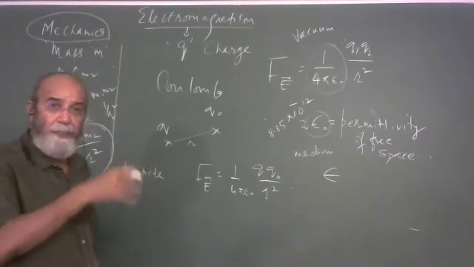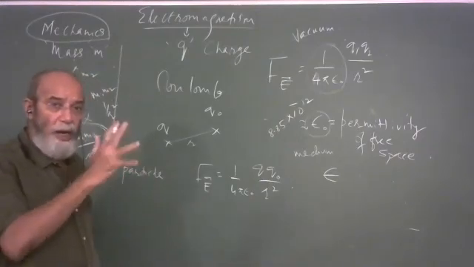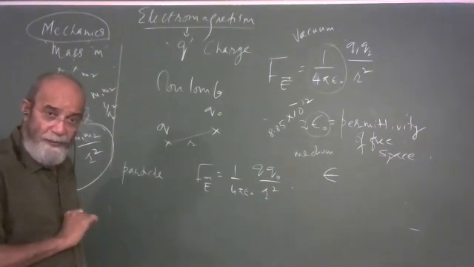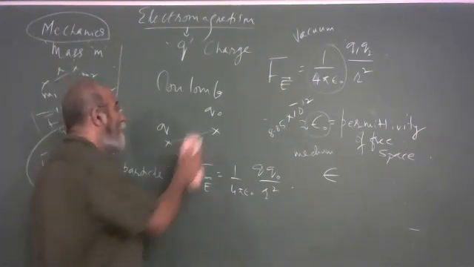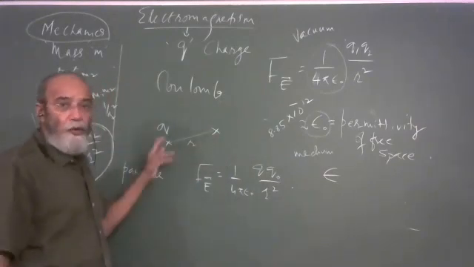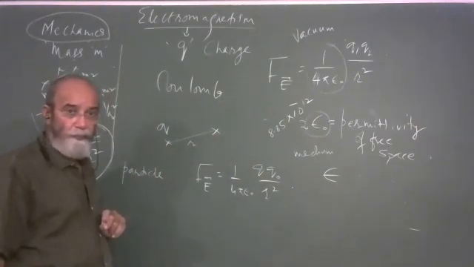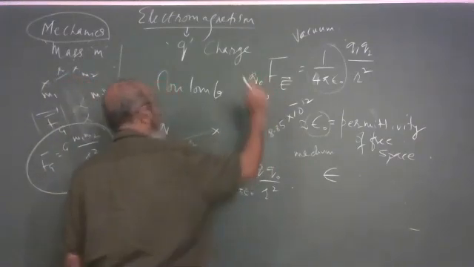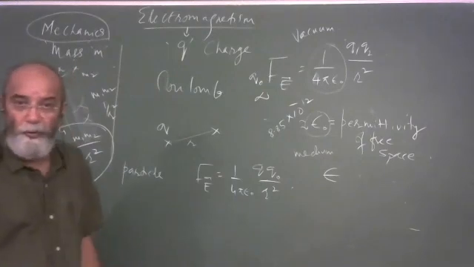Let us develop a new idea. Try and understand this. There was no Q naught here. There was only Q. Q naught was far away.